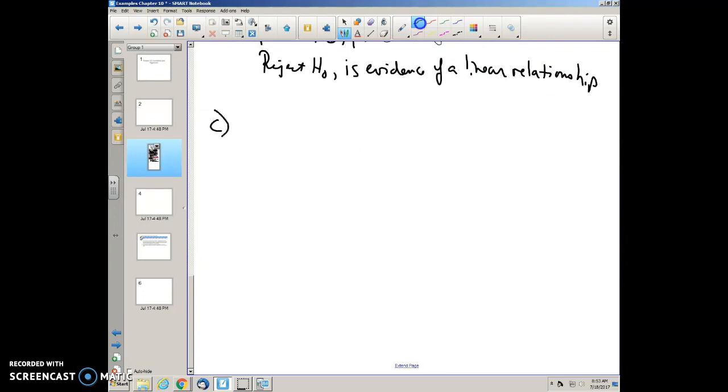For C, we're going to use the formulas here to come up with y hat. So b sub 1, just plugging information into the formulas, we have it all.